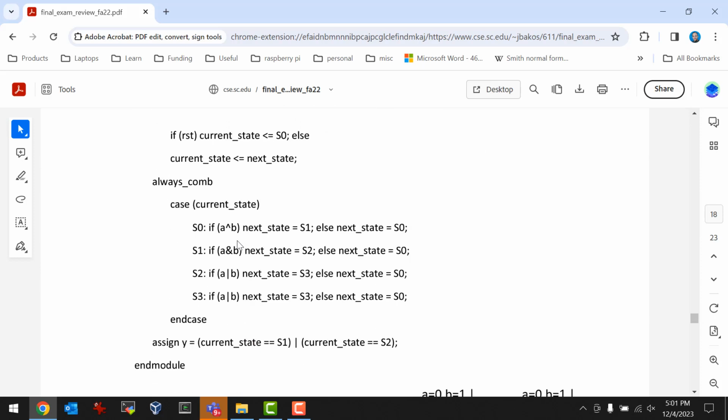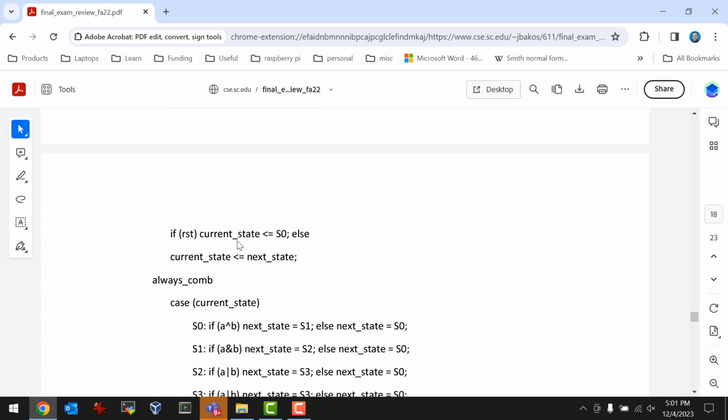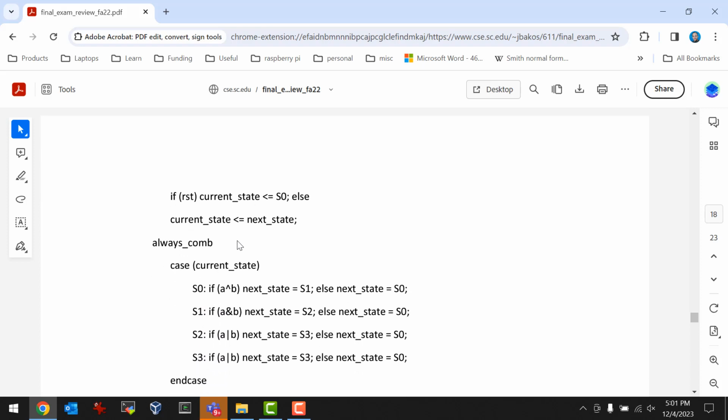Okay, so if A, wait a minute, really? They're 2 bits? Why? Okay, if I'm in S0, if my current state is S0, and A XOR B, then I go to S1. So A XOR B, what does that mean if they're 2 bits?